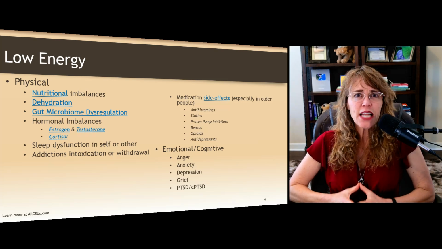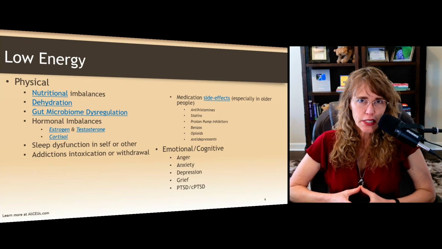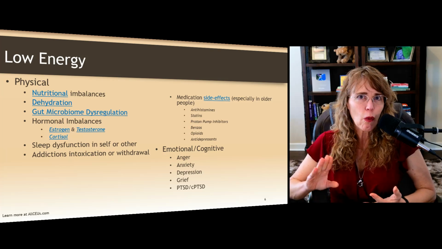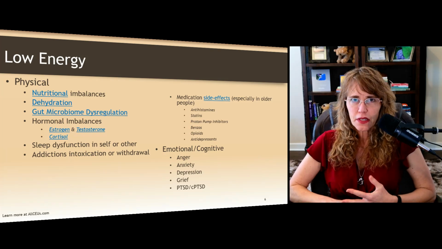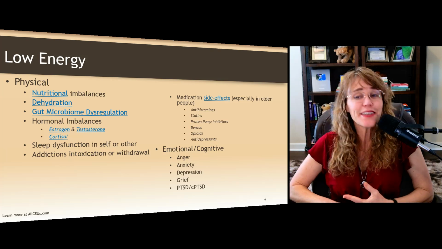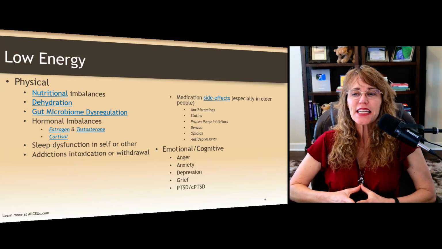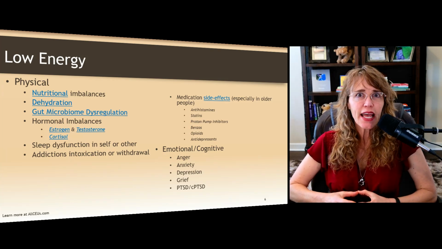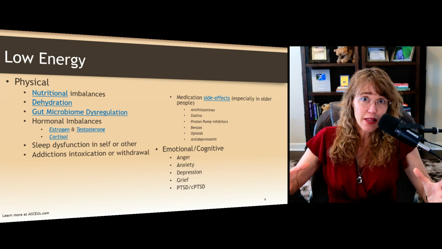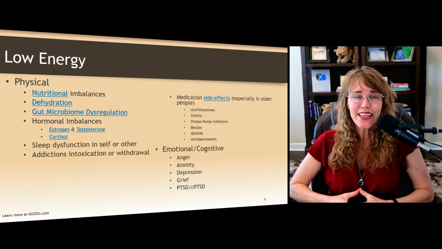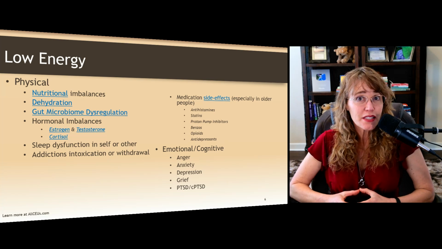Sleep dysfunction in self or other. When somebody is not sleeping well, for whatever reason, whether it's allergies or a cat that won't be quiet or something else, then sleep dysfunction can contribute to low energy. If you have a new baby in the house or a new puppy in the house, you may not be getting good sleep.